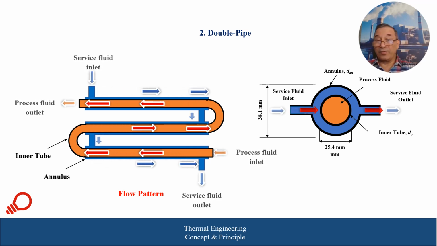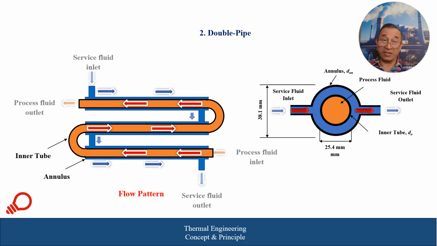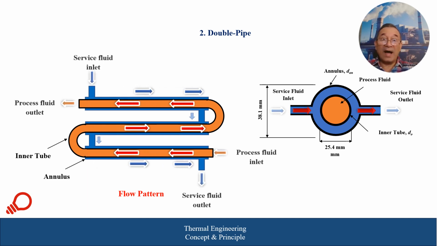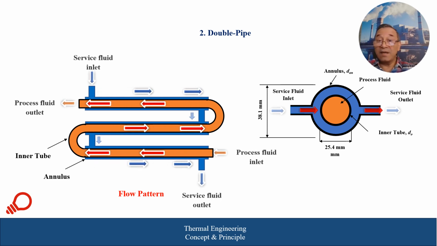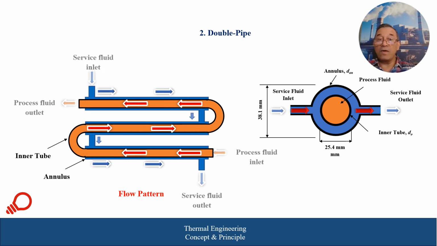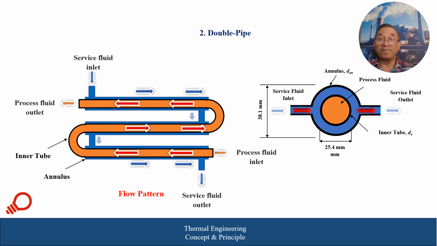So this is a sort of heat exchanger with low heat transfer load, and the layout of these tubes can be made in either series or parallel flow to achieve a required heat transfer rate in an industrial application.